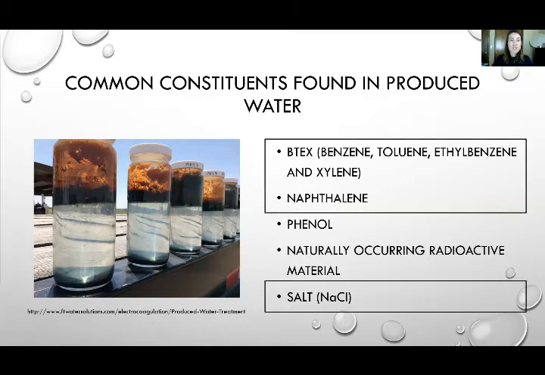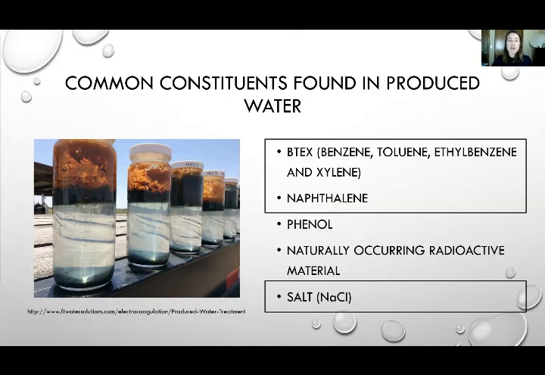In my research, I studied BTEX, which is a group of aromatic hydrocarbons. That includes benzene, toluene, ethylbenzene, and xylene. Benzene and toluene are a particularly nasty group of organics. They are neurotoxins, they're carcinogens, so they cause cancer.